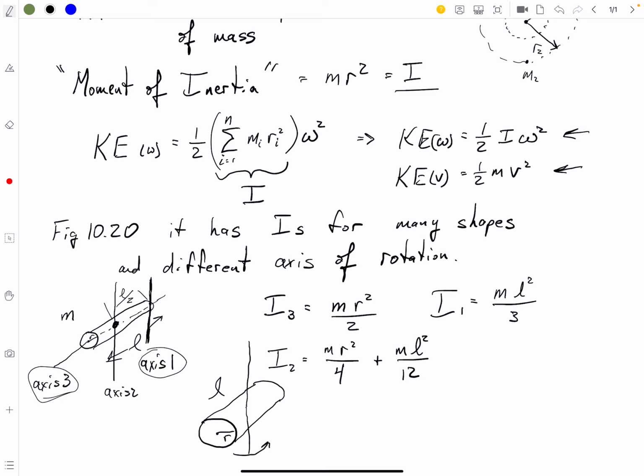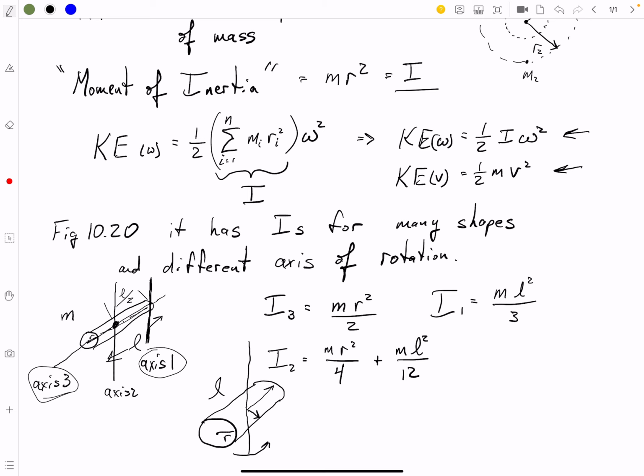So we have to have something that deals with all the mass that's in this direction, but also it's got a width. All the mass that's in that direction we need to deal with as well. So it's not just axis 1 and all of it extending out this direction. It's not axis 3 where everything extends away from the center axis. It's got 2 dimensions of stuff that we need to deal with.